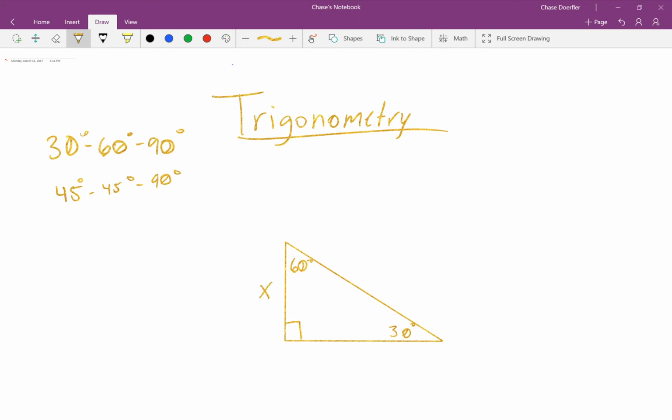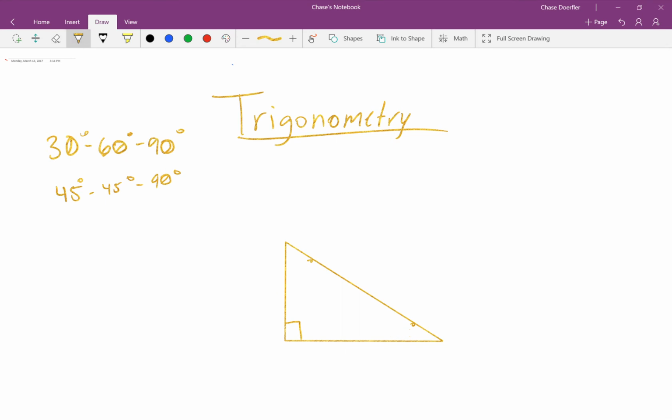Now the leg that's opposite to 60 will be x radical 3. And the hypotenuse is going to equal 2x. And that would be the 30, 60, 90 triangle.